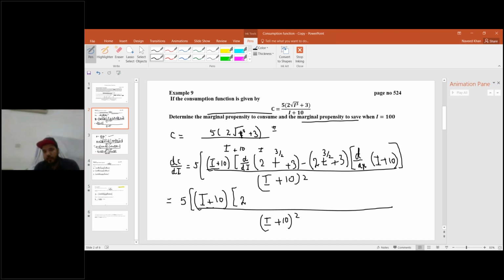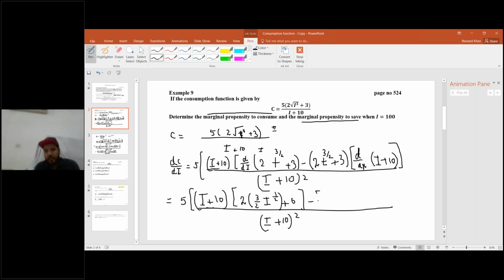The 2 stays, and we apply the power rule: the power 3 by 2 comes down, and one is subtracted from the power, so 3 by 2 minus 1 becomes 1 by 2. The derivative of the constant becomes 0. So I took the derivative of the second function.